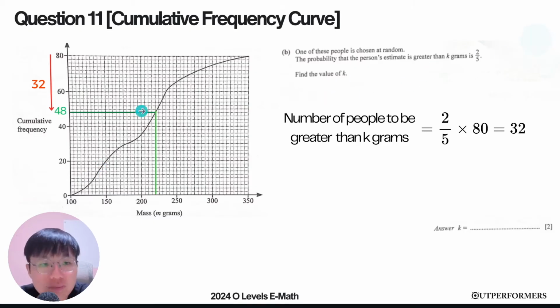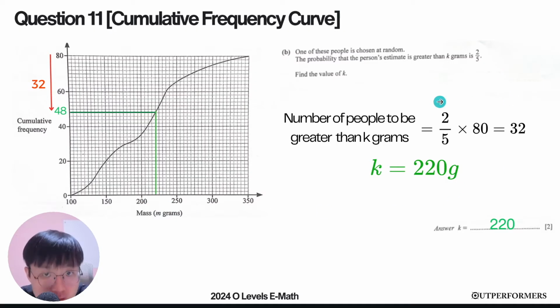So when we minus 32, the value is actually 48 here. So you can see my green line, I actually went back down here, and that gives us K to be 220 grams as our final answer. So if you misinterpreted it and you put 32, you are actually finding the number of people being less than the weight, 32 people. All right, it will be this part right here. Okay, so please read the question carefully.